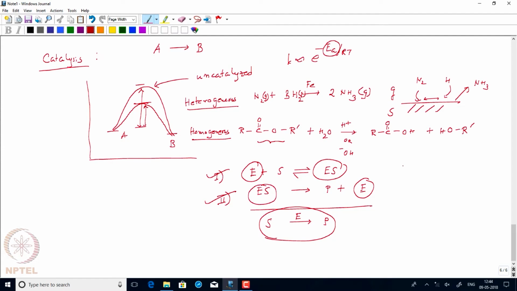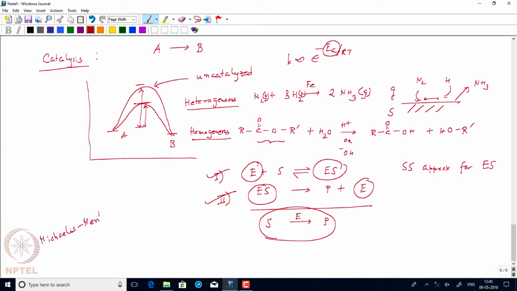And then you can use the steady state approximation for the intermediate, which in this case is the enzyme substrate complex. Then you get a very beautiful discussion based on the work by Michaelis and Menten, and you talk about Michaelis-Menten kinetics. We will not cover Michaelis-Menten kinetics in this course because it is well covered in the textbook.